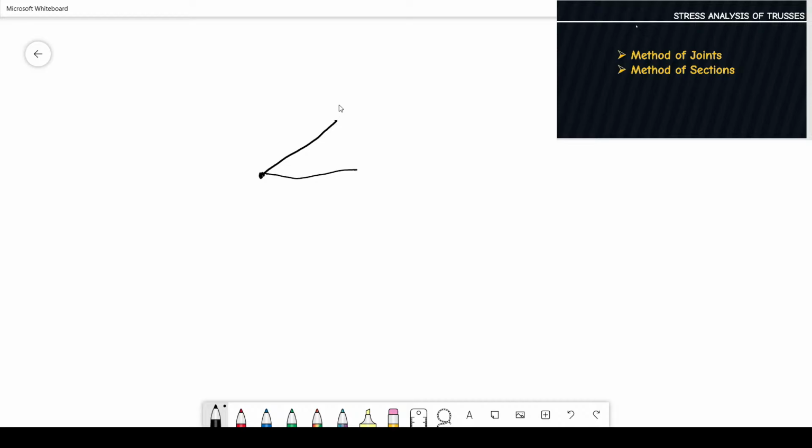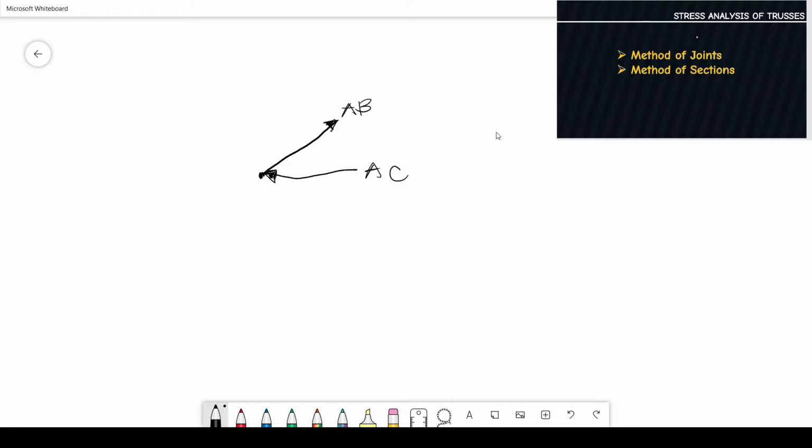So, when the members are concurrent, you can find two unknowns. For example, if this is member AB, and this is member AC. You can only find two unknowns in this situation.